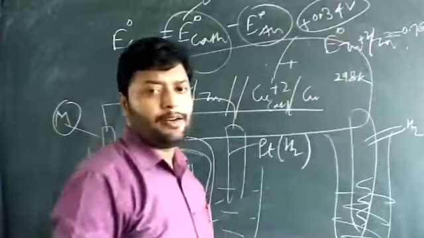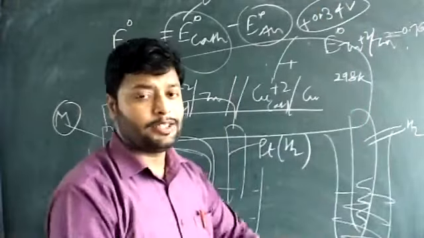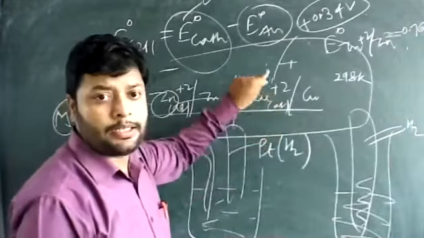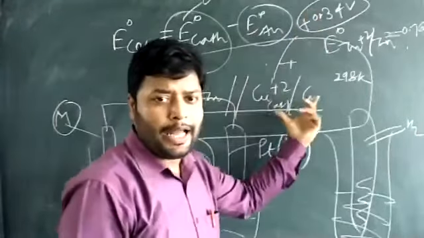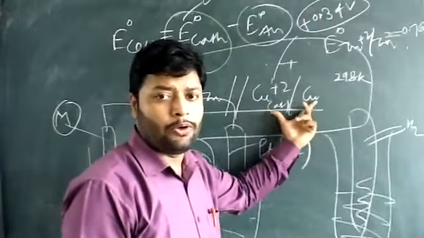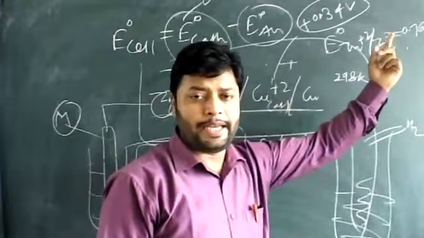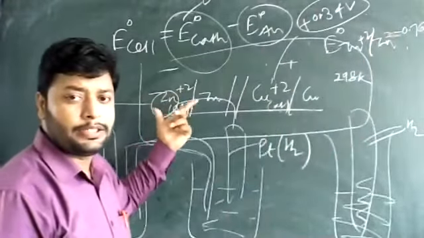So look at the sign convention. The standard reduction potential of the copper electrode has a positive sign, and that's why it acts as cathode, and zinc has a negative sign, that's why it acts as anode.